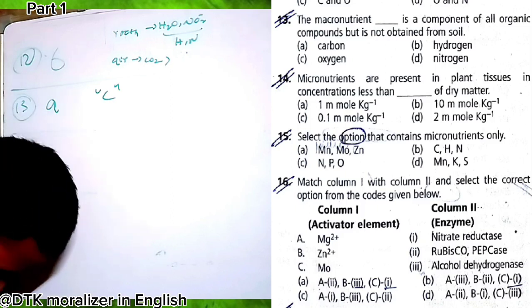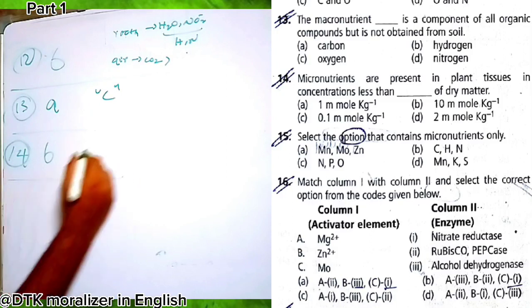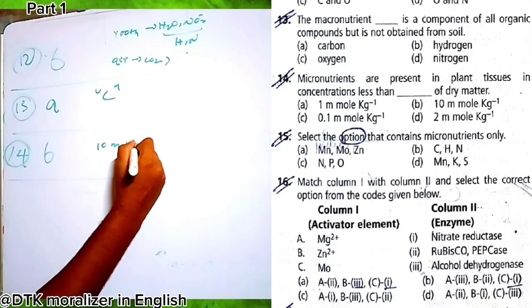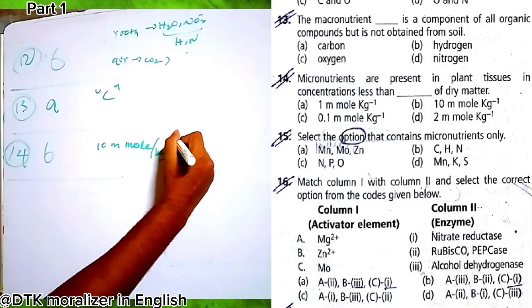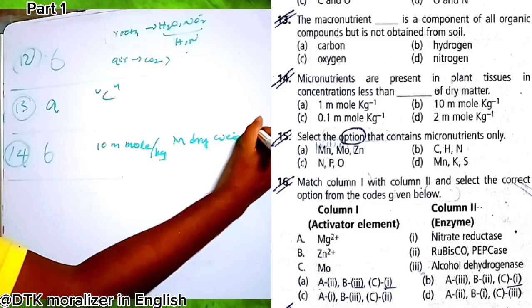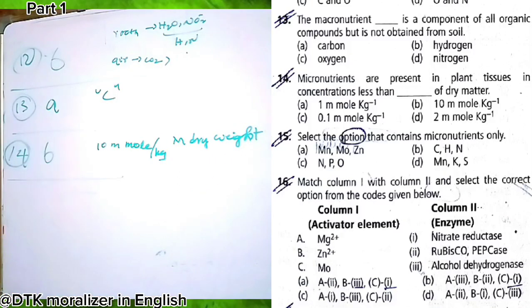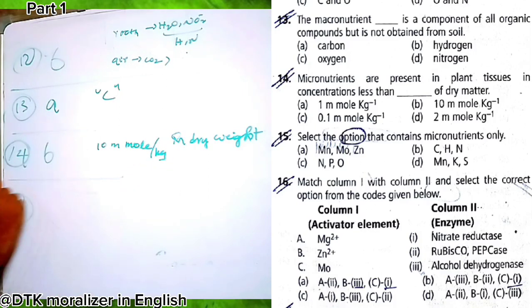As you can observe with the options, 1 millimole per kg, 10 millimole per kg, 0.1 millimole per kg, 2 millimole per kg. So here option B would be right, less than 10 millimole per kg in dry weight, not fresh weight. Okay. Now question number 15.